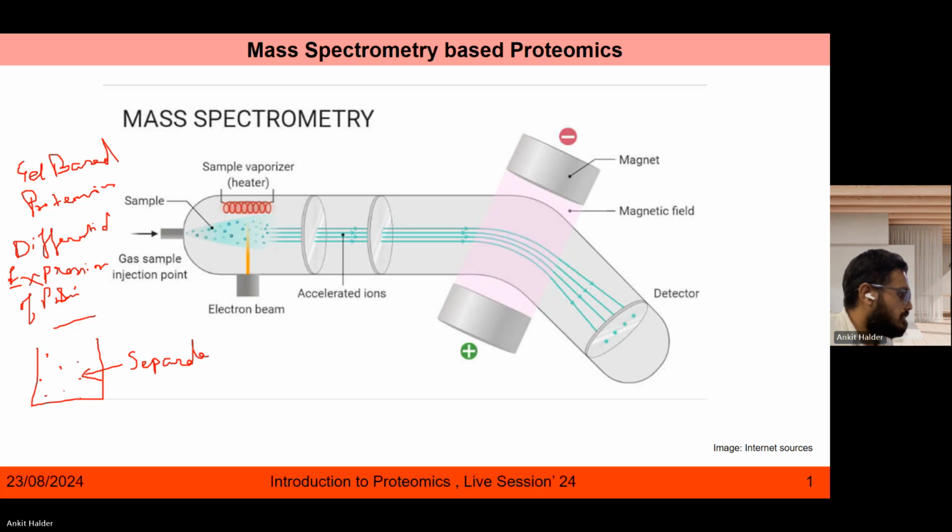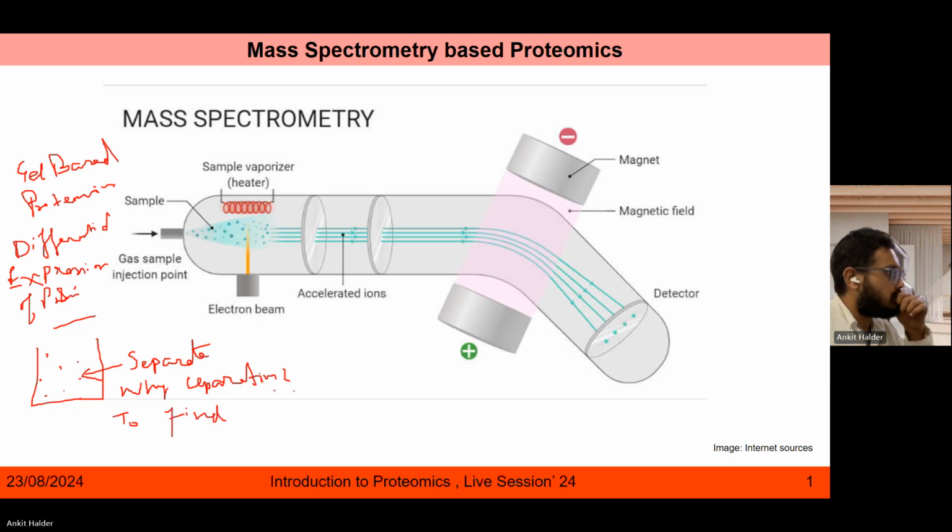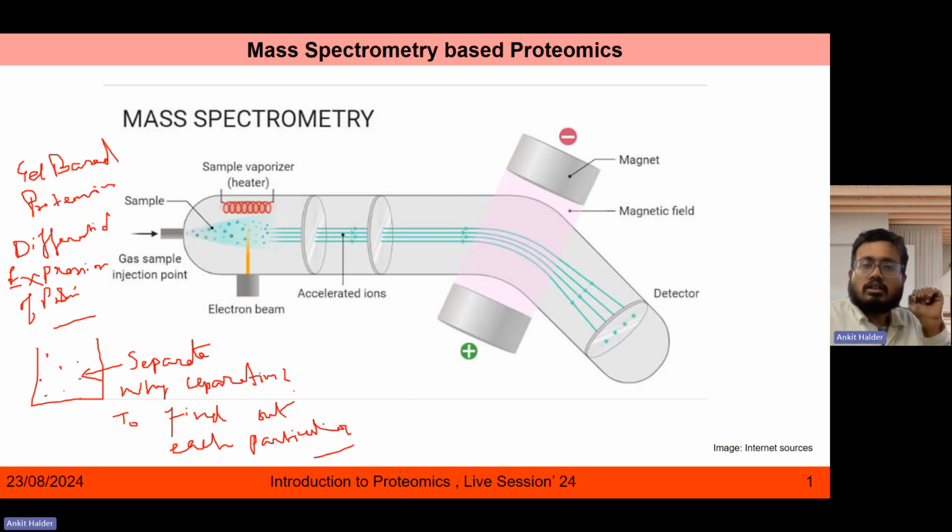So why is separation required? Separation is required to identify each particular protein. The whole concept of this study is to find out each particular protein. A particular spot in the gel corresponded to a particular protein.